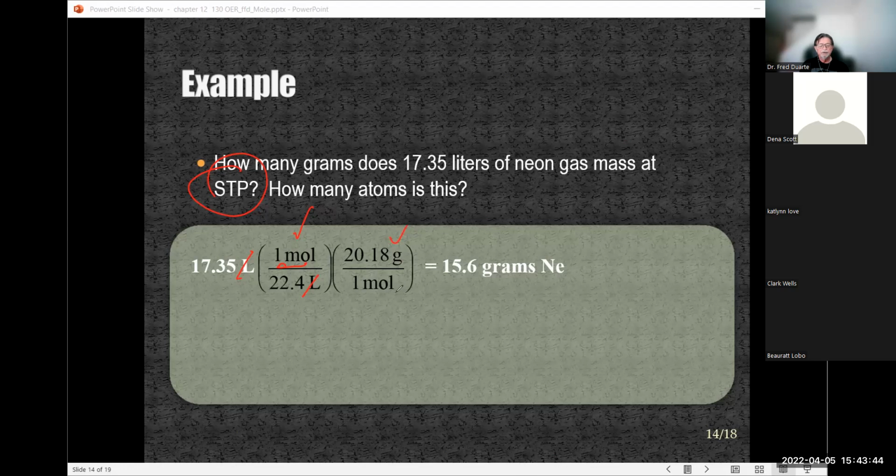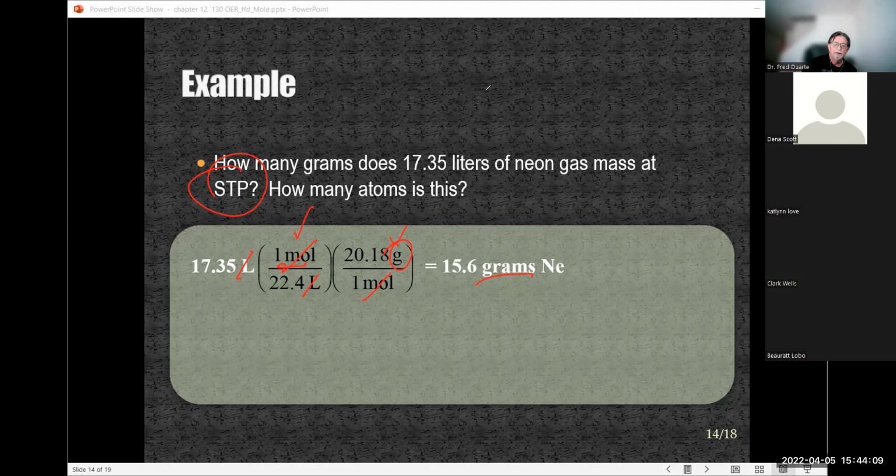To get to mass, I need the atomic weight, and I write it with grams in the numerator because that's what the question asks for. I need to figure out the weight of neon gas if I have 17.35 liters of neon gas. Check my units, they cancel out. I got grams left over. Everything is where it should be.